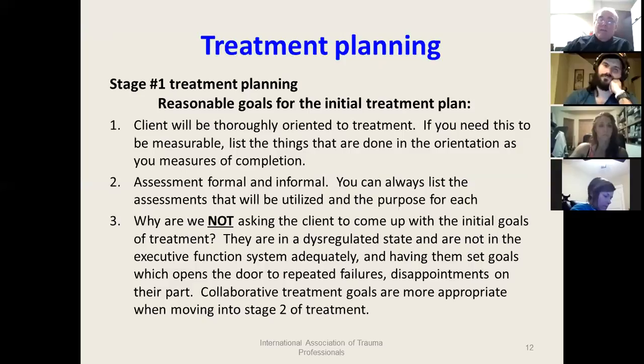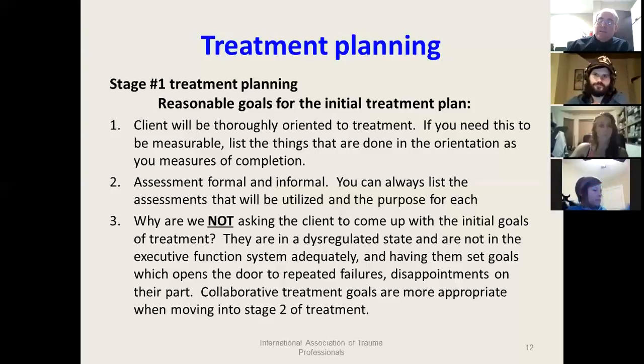You're going to talk about the formal and informal assessment process that you're going to go through, and you will probably even list the assessment tools that you will use to do that. That's really quite enough for an initial treatment plan. Does that make sense?